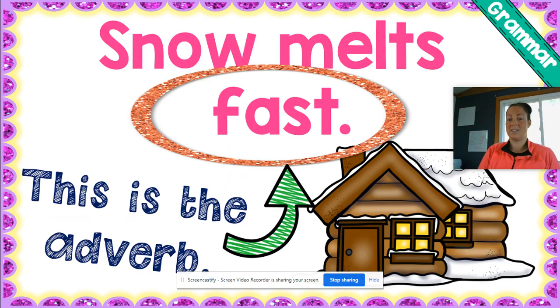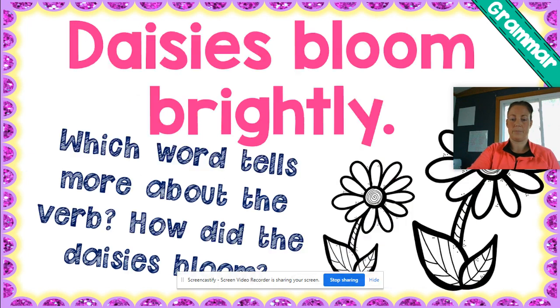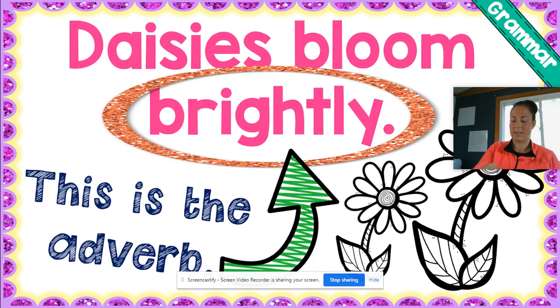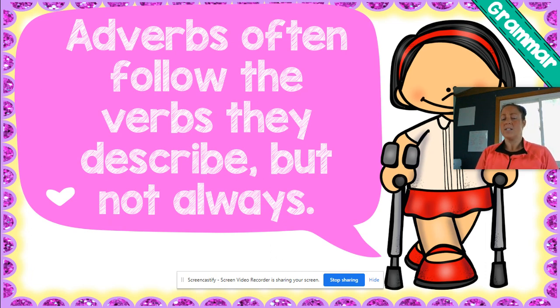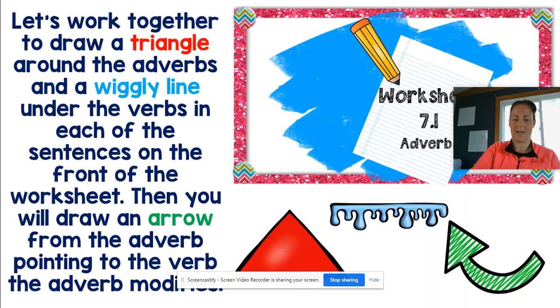Well, the snow melts fast. So fast is the adverb describing melts, which is the verb. Daisies bloom brightly. Which word tells more about the verb? How did the daisy bloom? Well, it bloomed brightly. Okay, brightly. All right, so adverbs often follow after the verbs and they describe, but that's not always the case. Not always, but a lot of the time.